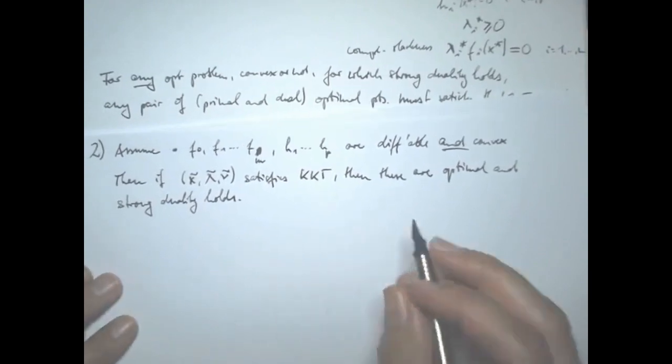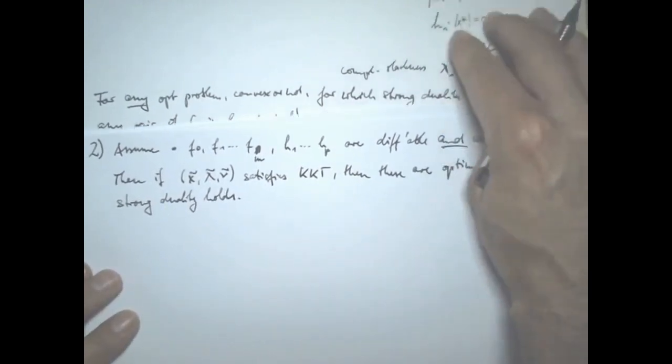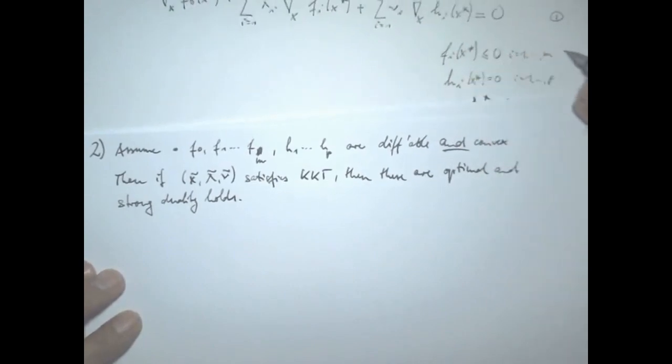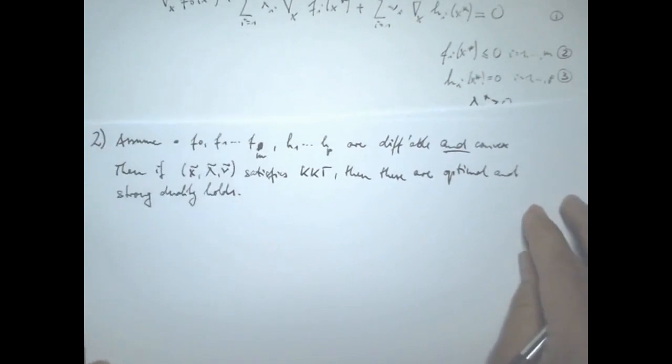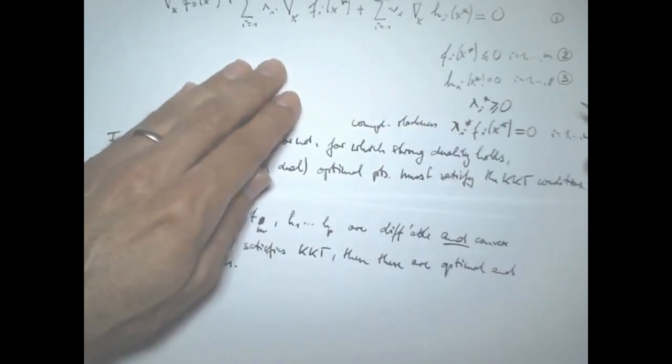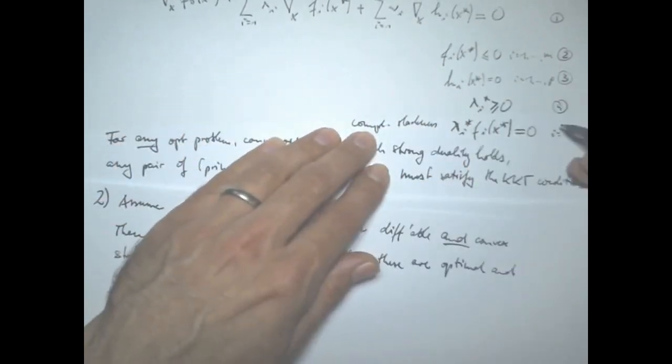So how can we see that? If I number these equations, this was 1, 2, 3, 4 and 5.